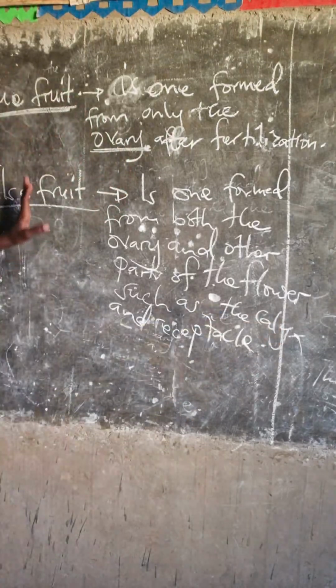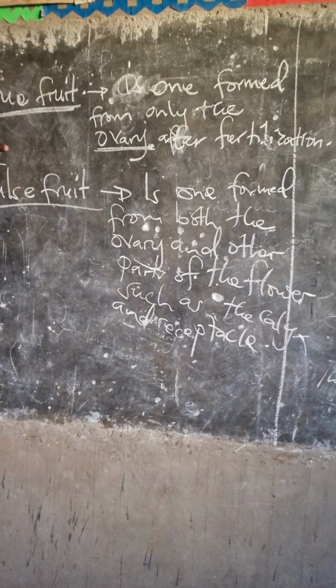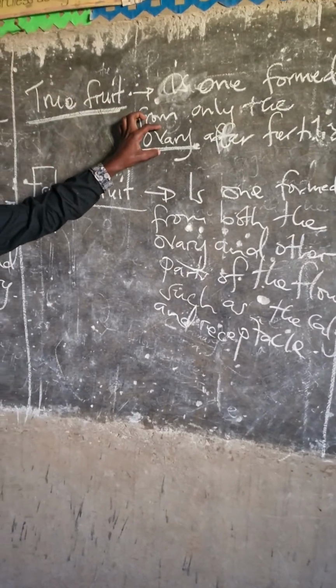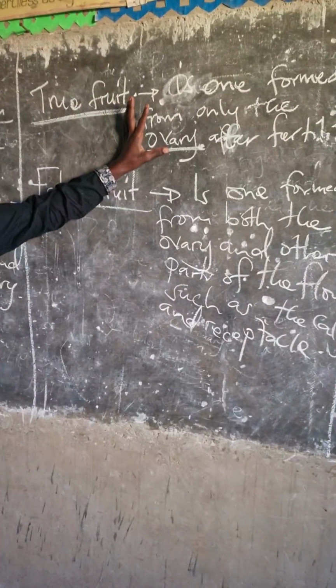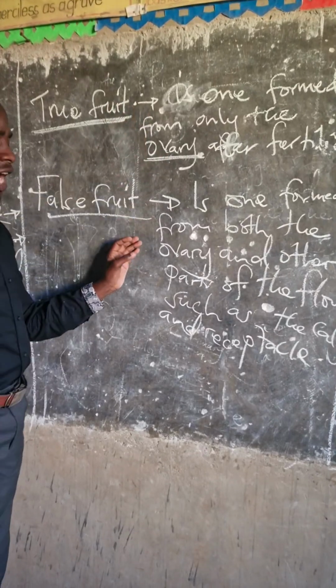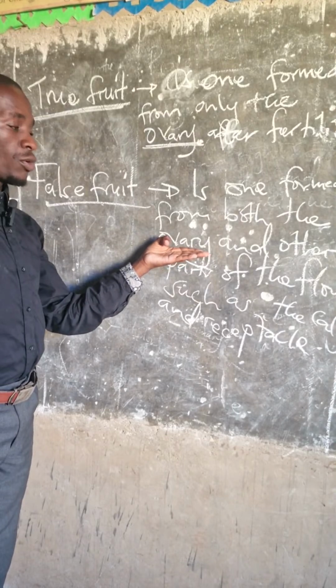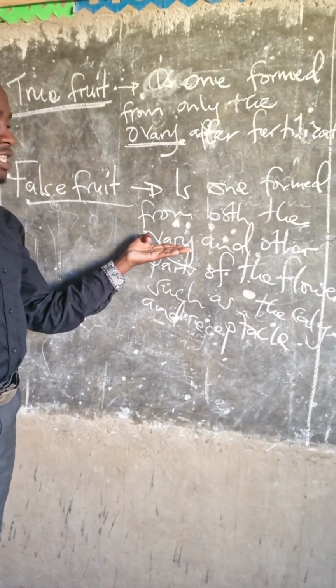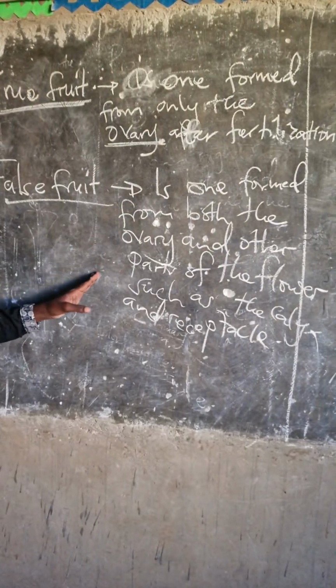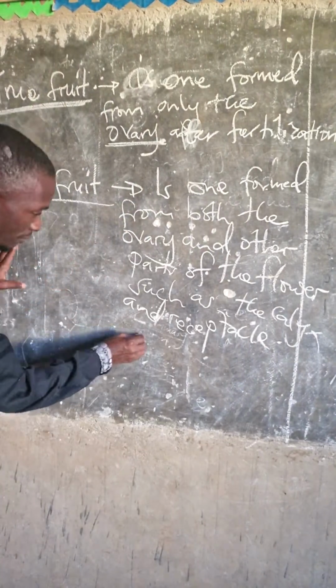We are looking at the two types of fruits. True fruits are only formed from the ovary, not any other part of the flower. But false fruits can be formed from a combination of both the ovary and other parts of the flower after fertilization.